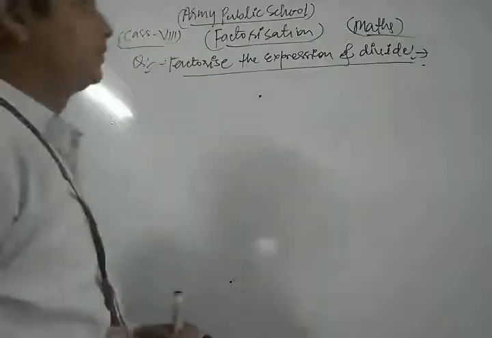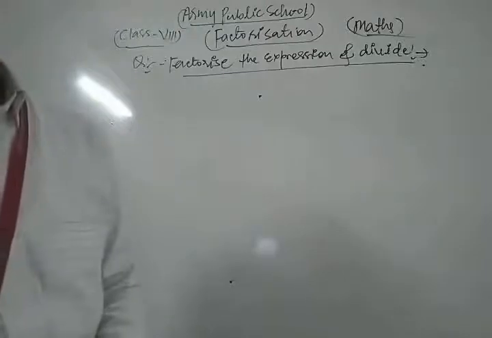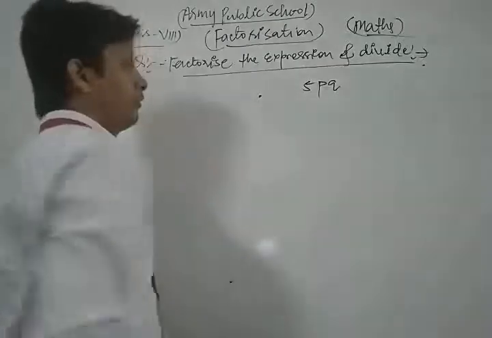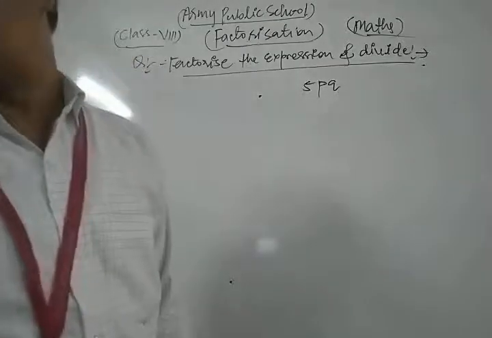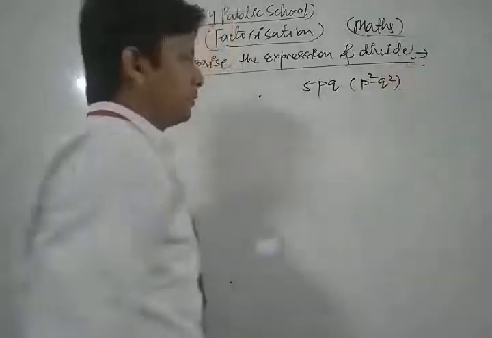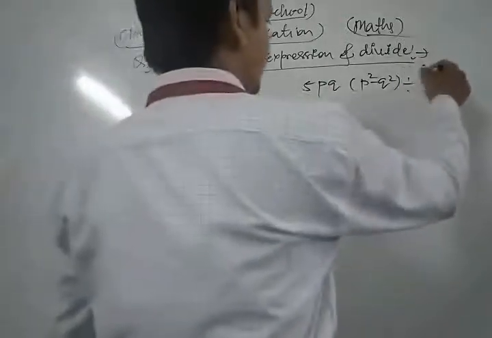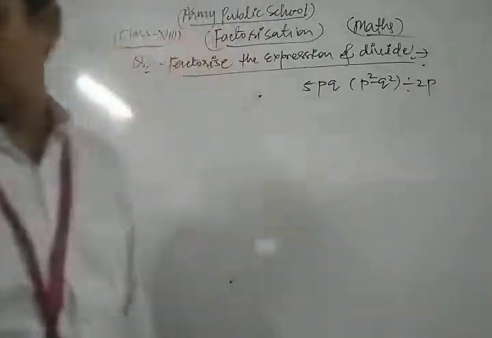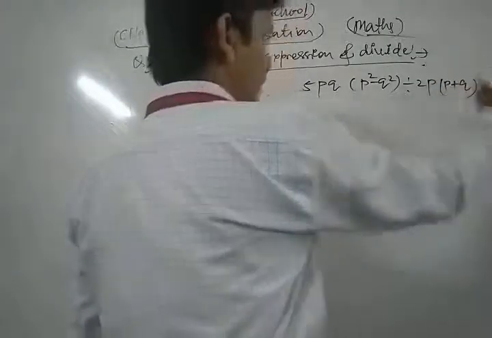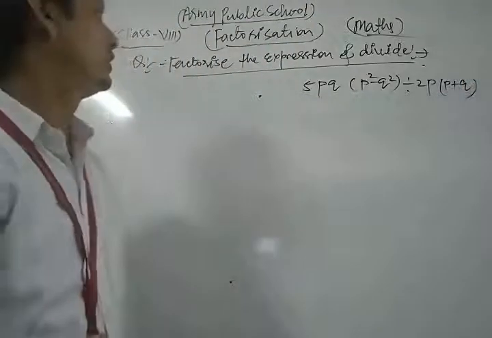Your expression is 5p cube in another bracket p square minus q square, divided by 2p in bracket p plus q. Okay, so this is a very important question.